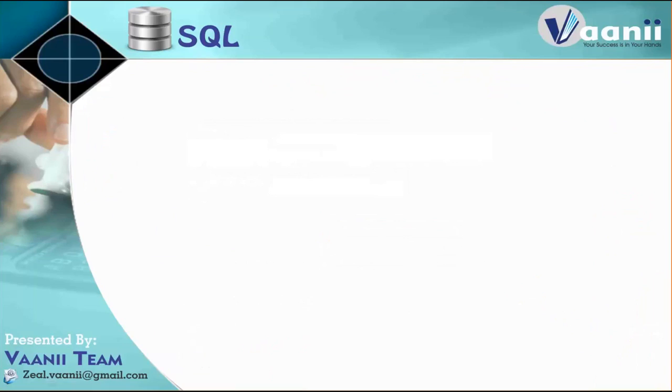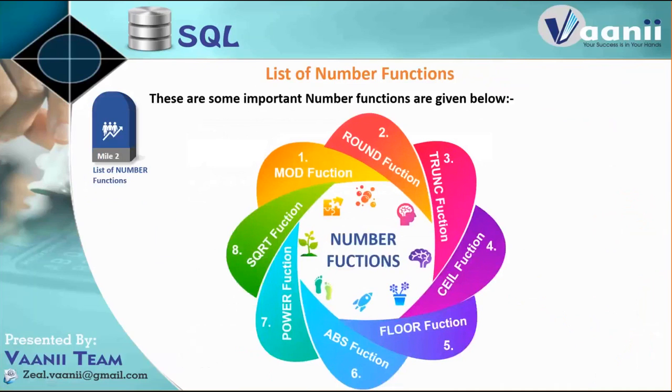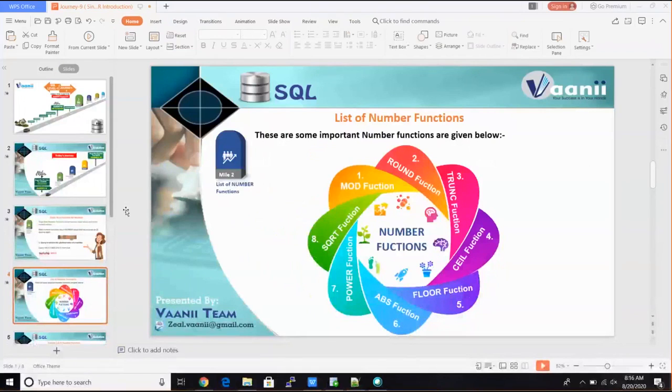Likewise, we have many number functions, and you can see them here: mod, round, trunc, ceil, floor, absolute, power, and square root. So let's see what these functions actually do.